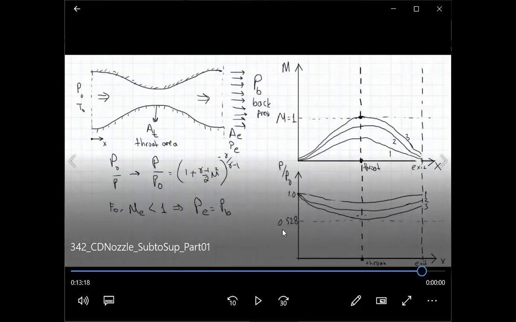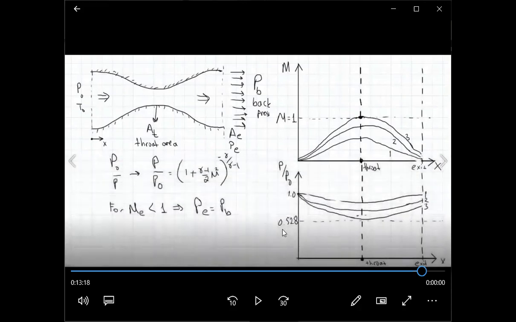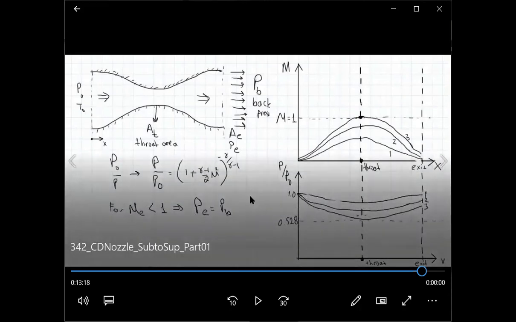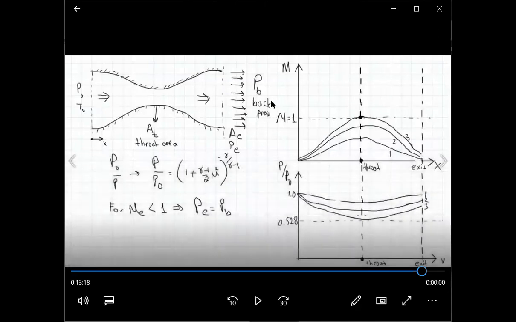PE, the exit pressure, is the static pressure on the exit plane, through which we have a jet outgoing from the nozzle, right? On that plane, that static pressure is related to the fluid motion. PB is not related to the jet. PB is outside, away from the jet.